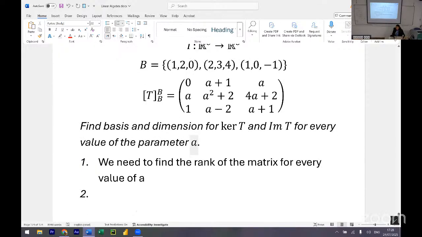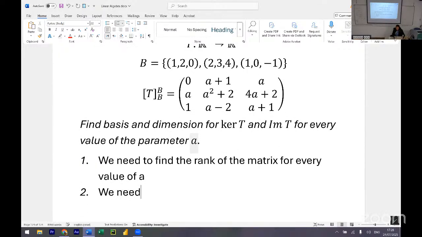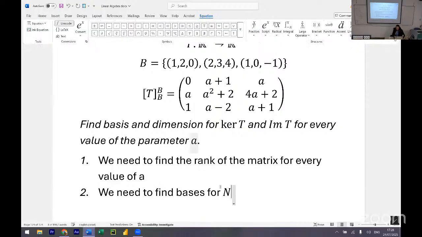The second thing, we need to find a basis for the null space of the matrix.